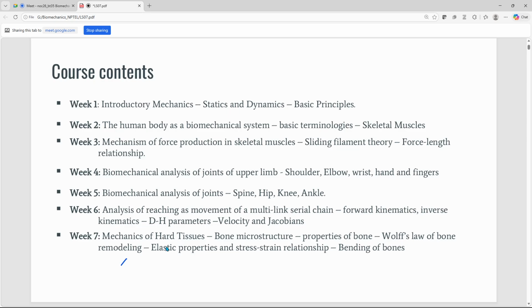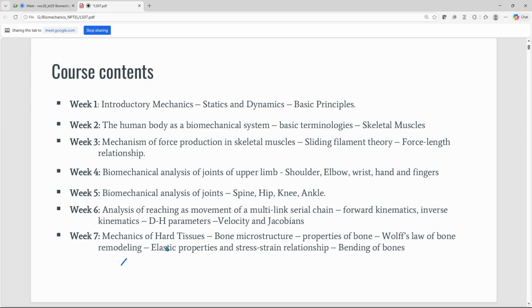The week 7 video starts with a brief introduction about types of tissues, and then moves on to how the hard tissues like bone are constituted, what is the structure of bone and properties of bone, and how we can apply our rules of mechanics to a biological tissue like bone.